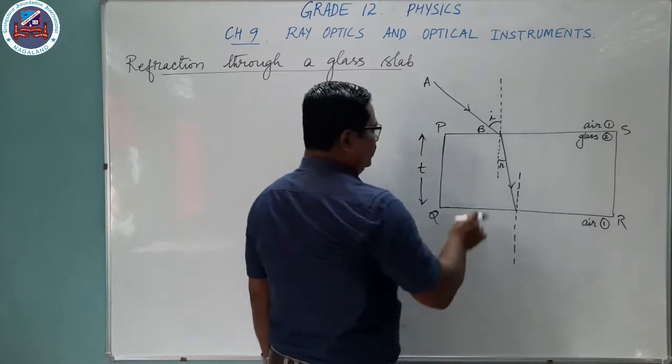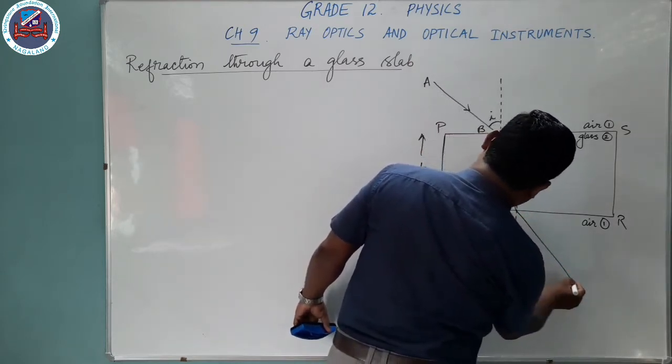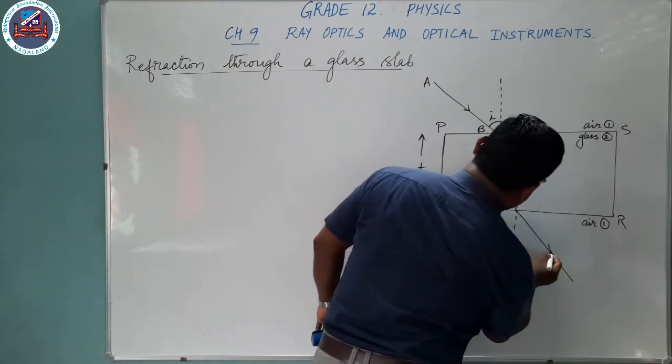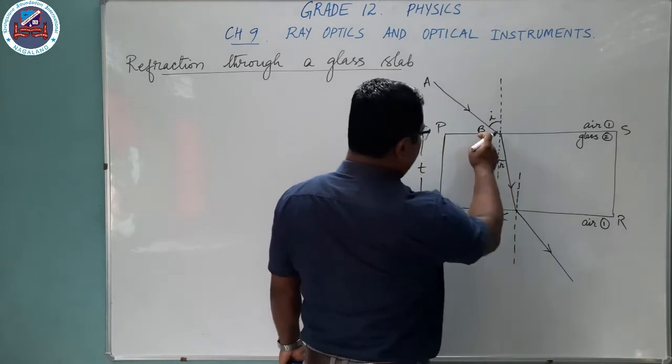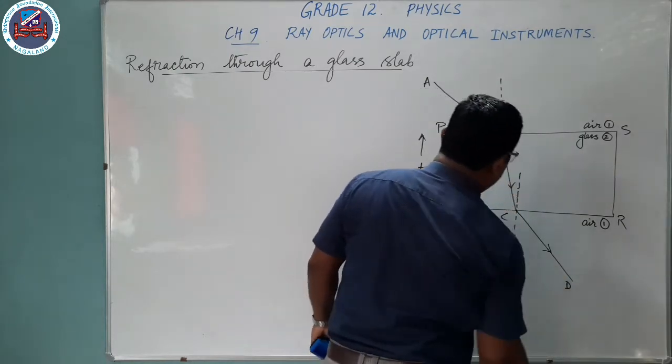Then this time when light enters from glass to air, it will bend away from the normal. Suppose this is C. BC is the refracted ray and CD is the emergent ray.